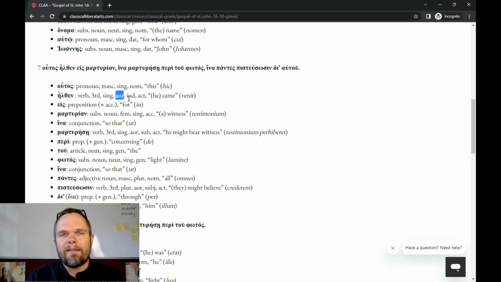As we go through this translation, as we study Greek in general, you're going to see that when we come across the aorist tense, because it's indefinite and it leaves room for interpretation, in one place St. Jerome will use an imperfect tense verb in Latin to translate it. In another place, he'll use a perfect tense verb. In another place, he might use a present tense verb.